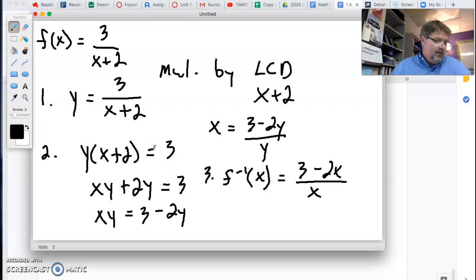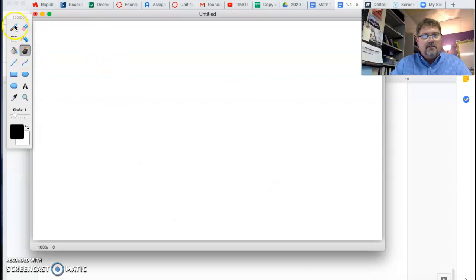What I need to do now, and this is one that might be smart to verify for us. I mean, even though this is not a proof, an example of the inverse working might make us feel better. And just remember, we got 3 minus 2x over x. I'm going to rewrite it on a fresh screen here so we can test it.